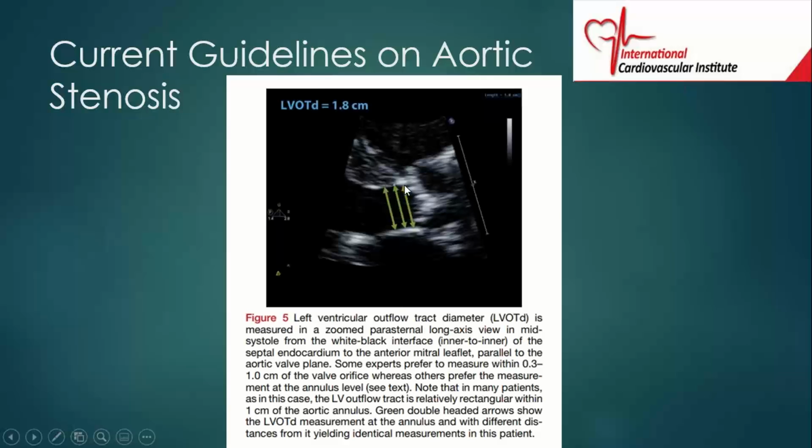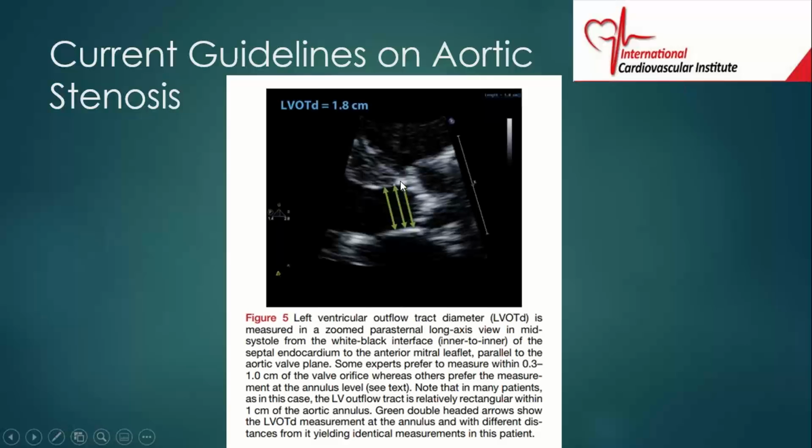You usually have this like a rectangle, with the anterior mitral leaflet and this portion of the interventricular septum. They're parallel. So for the first 1 centimeter, the measurements are usually the same. So if you measure the LVOT diameter here or here or here, you're going to get the same number. The numbers are going to be very, very similar.